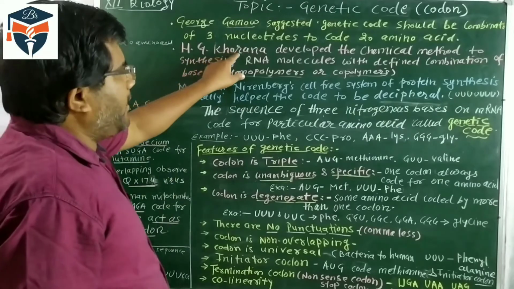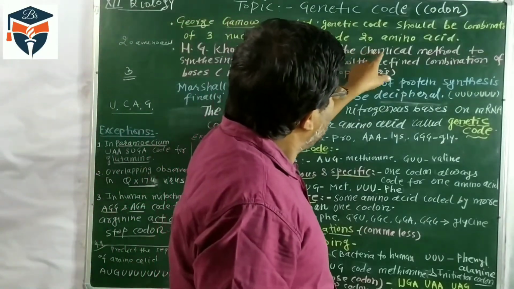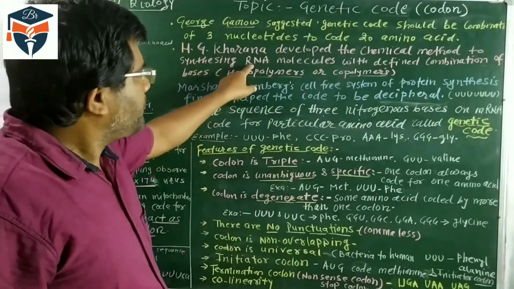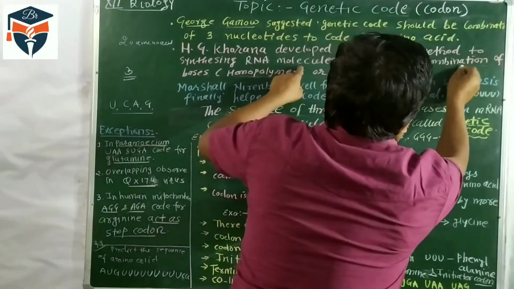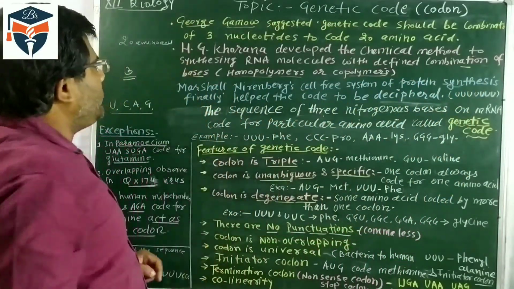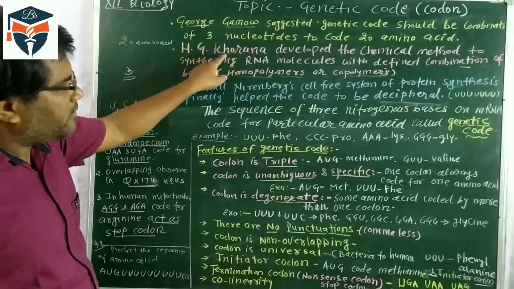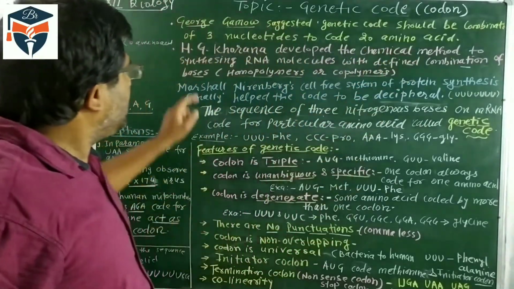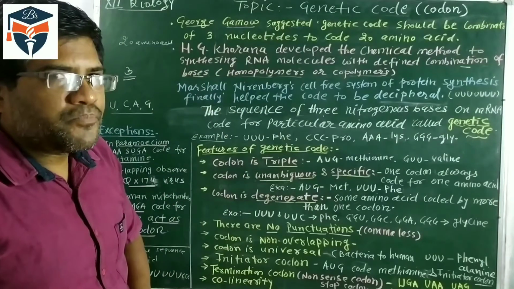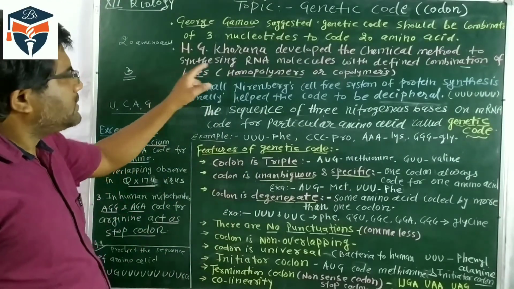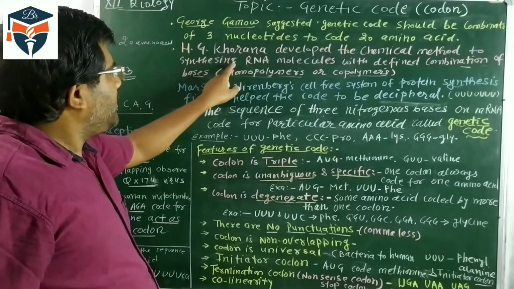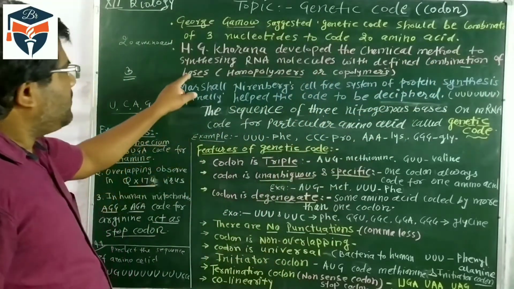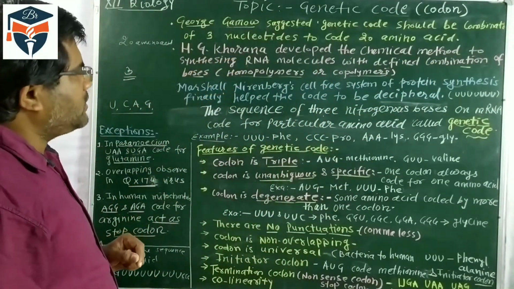Second, H.G. Khorana developed a chemical method to synthesize RNA molecules with a definite combination of bases.